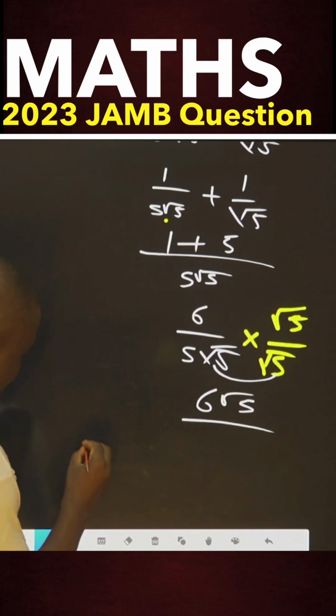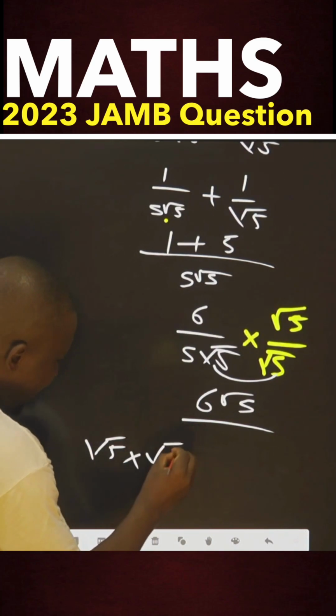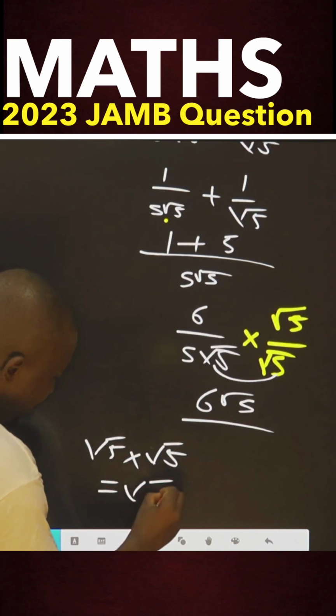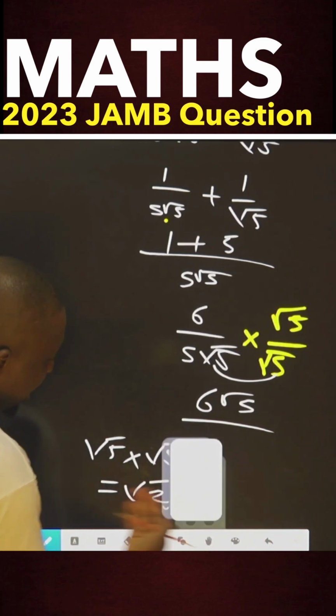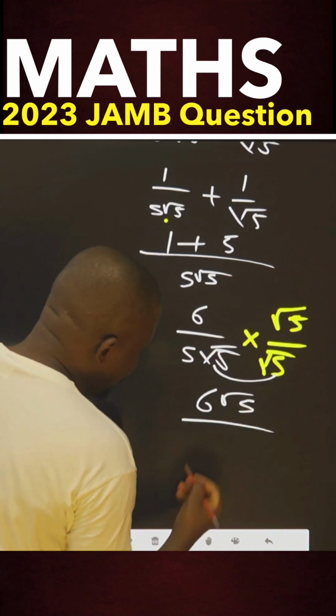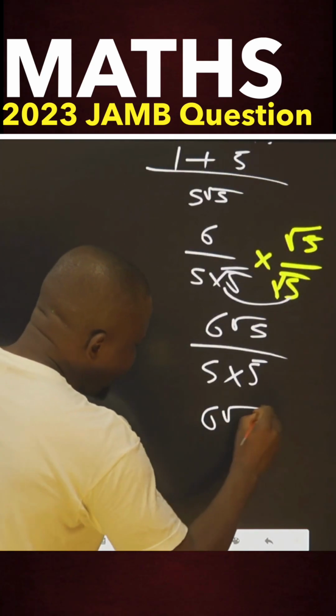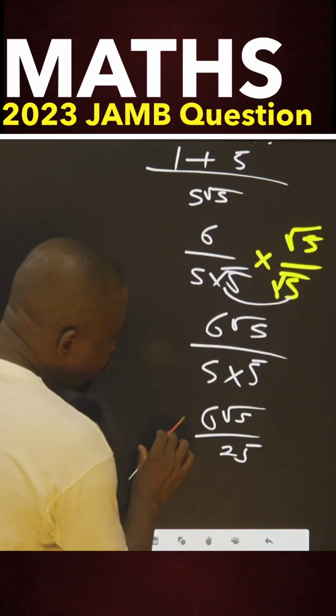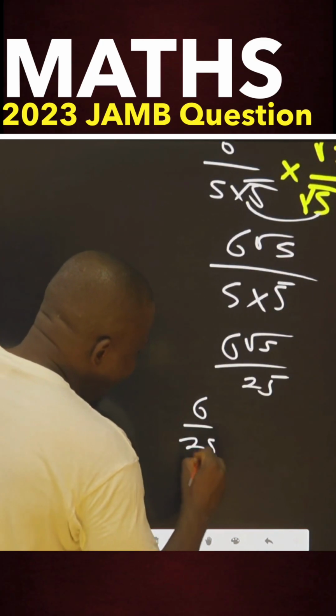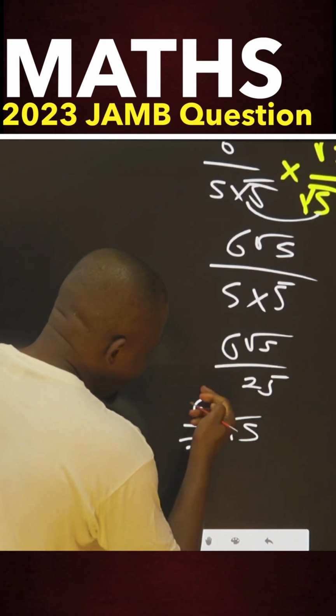The square root of 5 multiplied by the square root of 5 will give you the square root of 25, which is 5. So these two will produce 5, to have 5 times 5. That is to say 6 square root of 5 over 25, which you can write as 6 over 25 square root of 5. This is the answer.